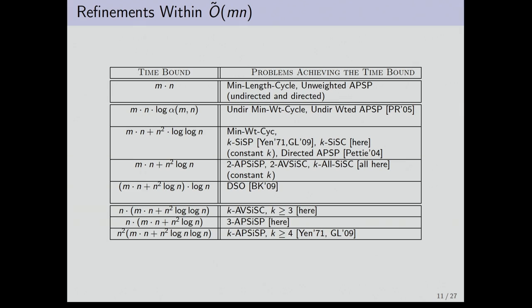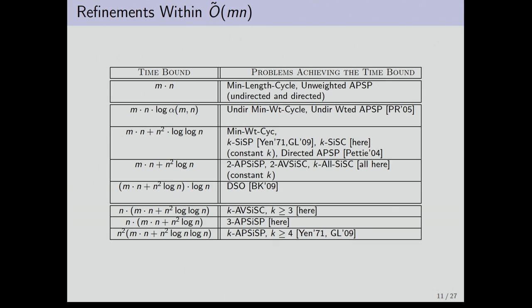Now if you come to directed, then we have many of the problems we considered here, and also directed APSP with mn plus n squared log n. And then the next class is mn plus n squared log n, which is our algorithm for 2 APSISP, for 2 AV. Several of our algorithms here have this type of bound.